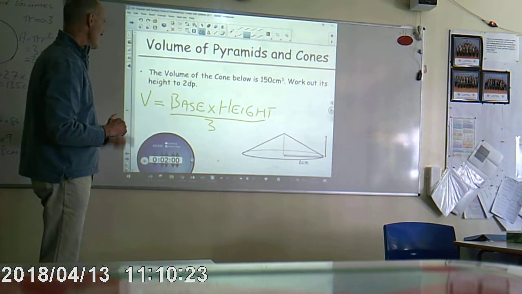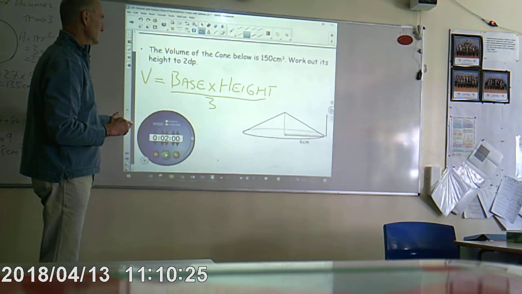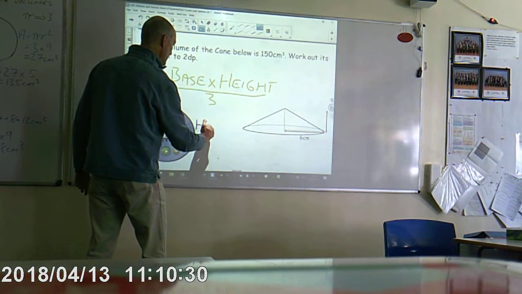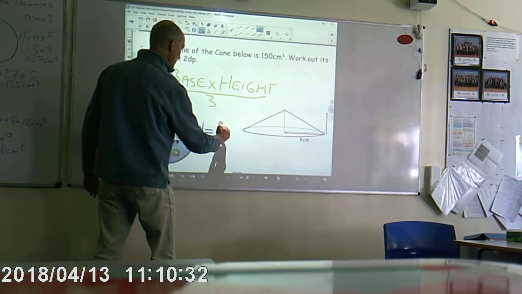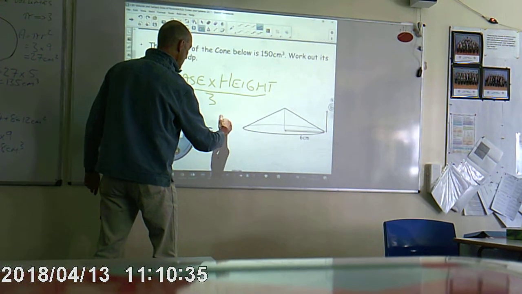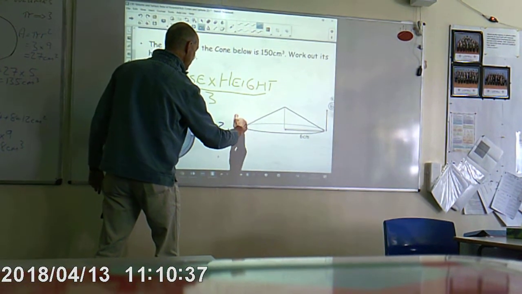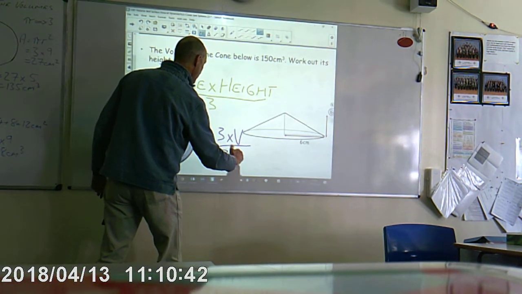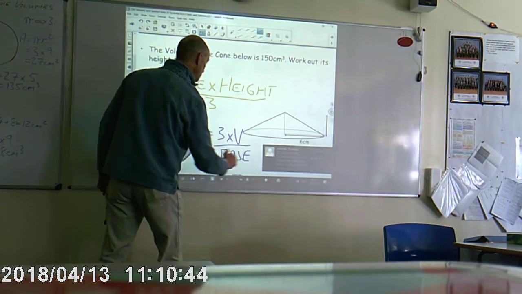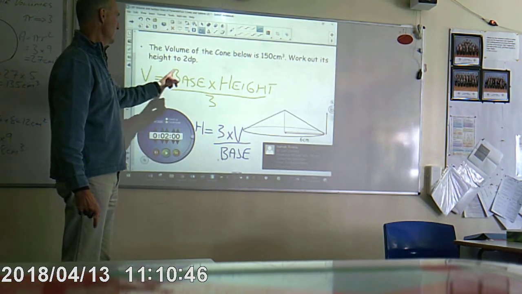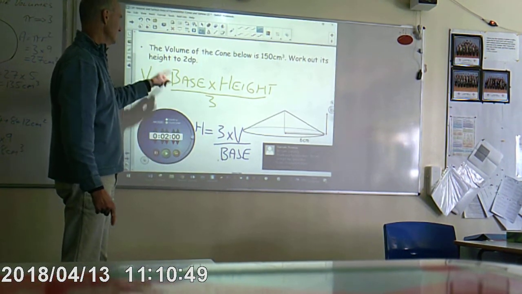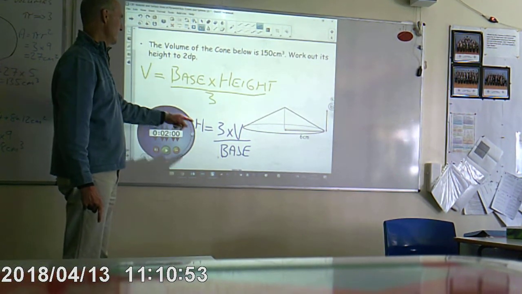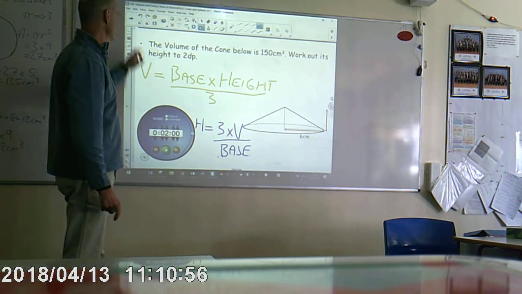If you want to know the height, the height is then going to be 3 times the volume divided by the area of the base. And that is achieved just by rearranging this formula. Okay? We want to find the height, rearrange that formula, and it allows you to find the height.